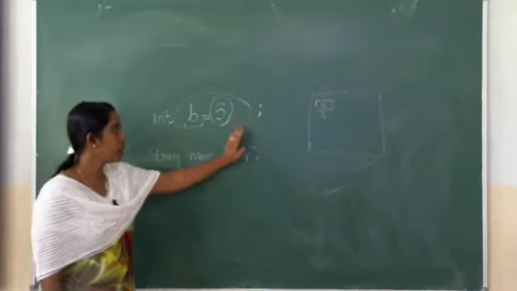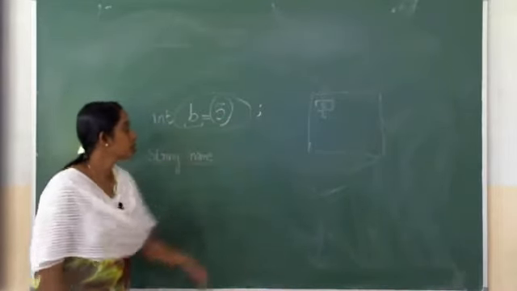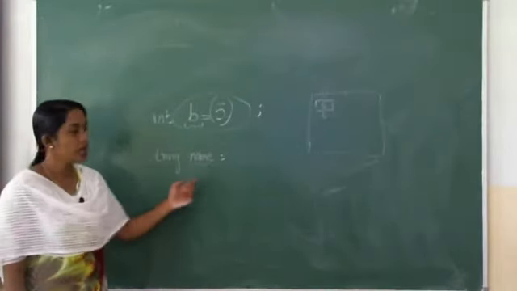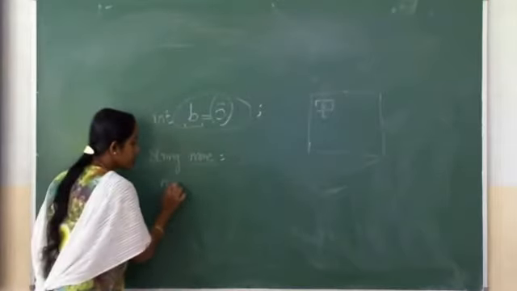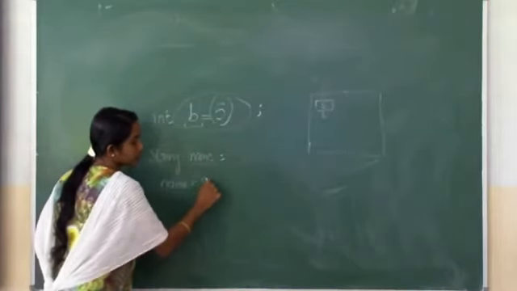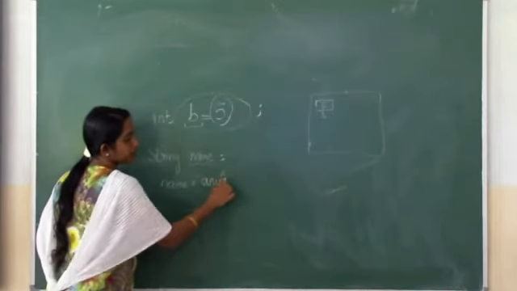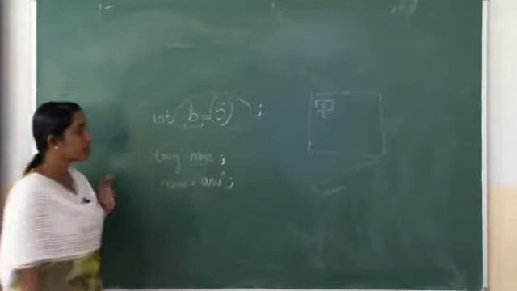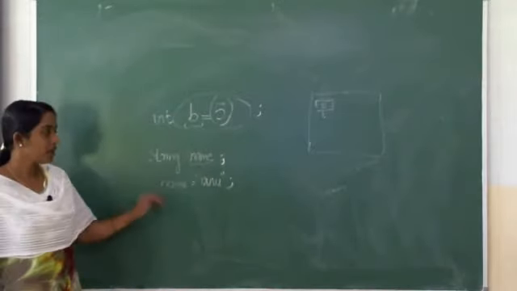If it is not needed, you need not specify the value. Only this, in this way also you can specify, and below you can give name equal to Anu. Here also this one has a semicolon. Got it? So what will happen?